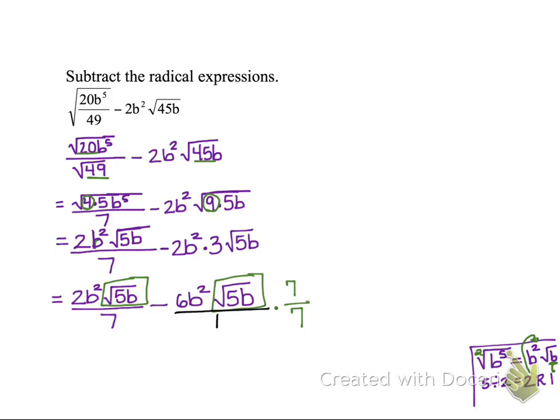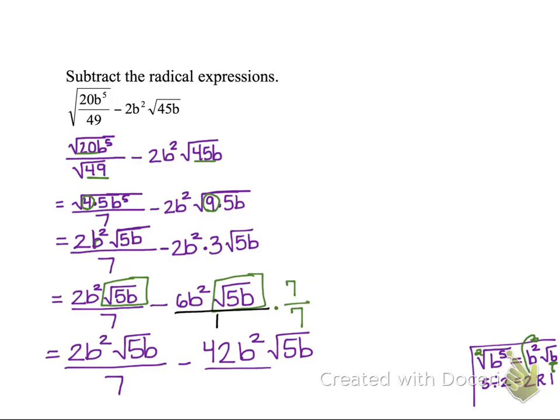All right, so I have 2b squared times the square root 5b over 7. That doesn't change. But now this becomes minus 42b squared times the square root of 5b all over 7. So what I had to do here was multiply that 7 times the 6 and that 7 times the 1.